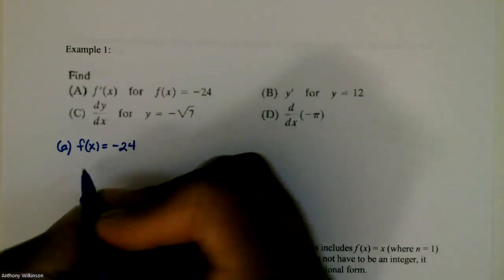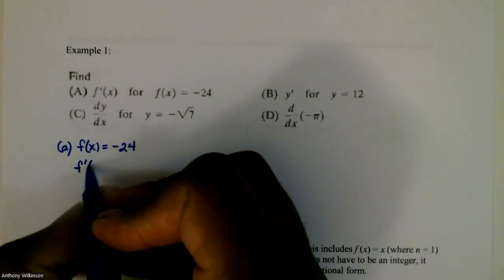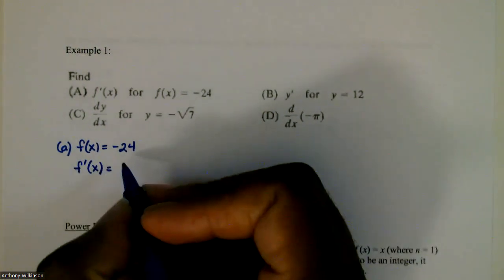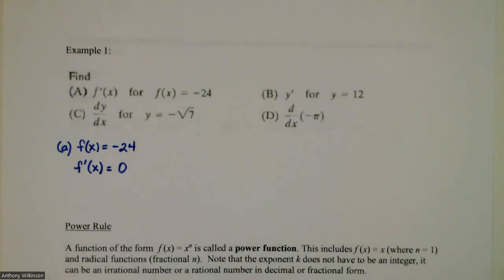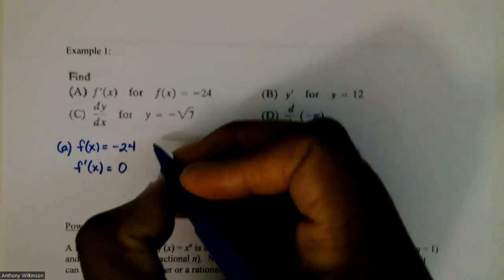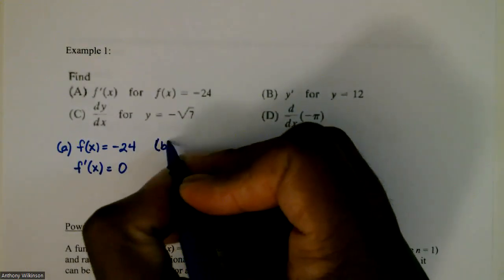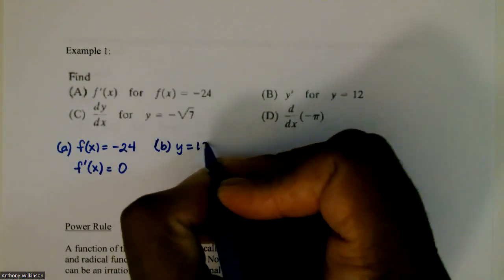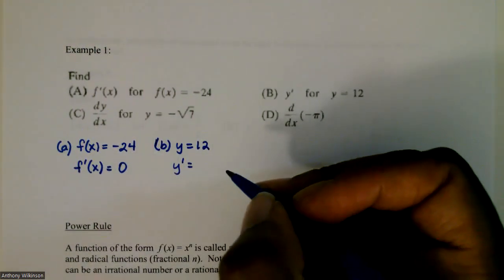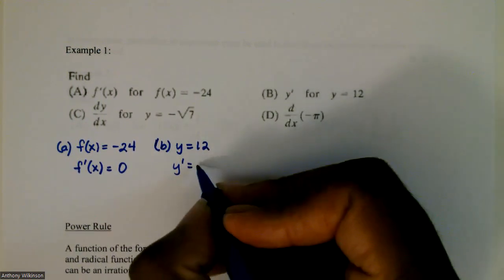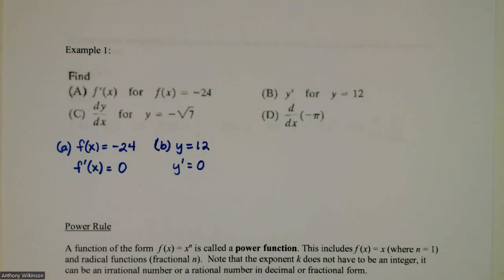If I find out what f prime of x is, as I mentioned, the derivative of a constant, this is a constant, so the derivative here will be 0. So f prime of x will be 0. And in part B, y prime for y is equal to 12. So y prime, which is the derivative of a constant, again, will be 0.